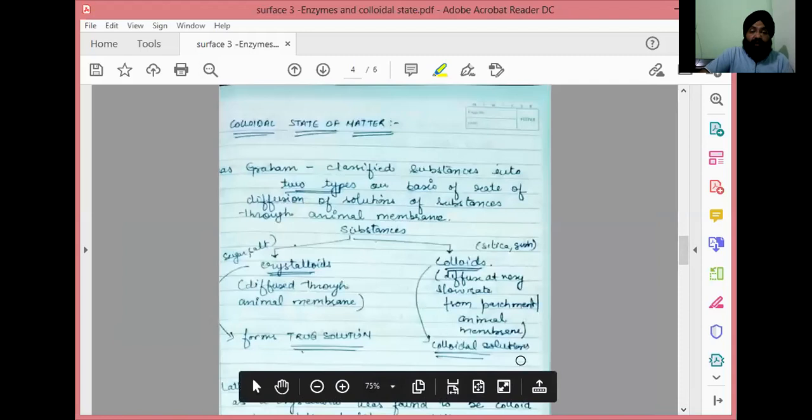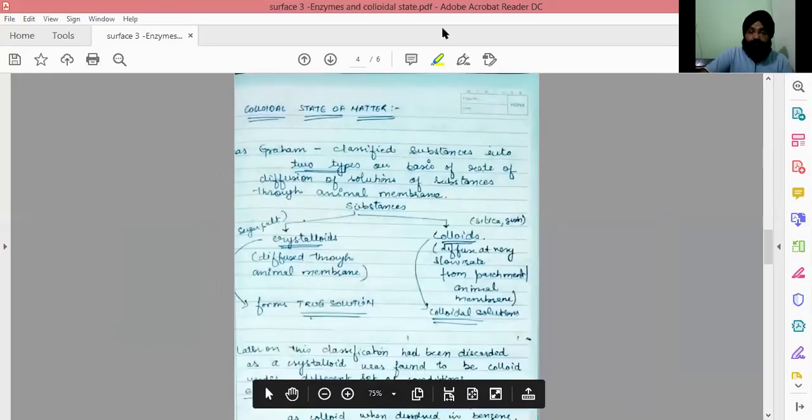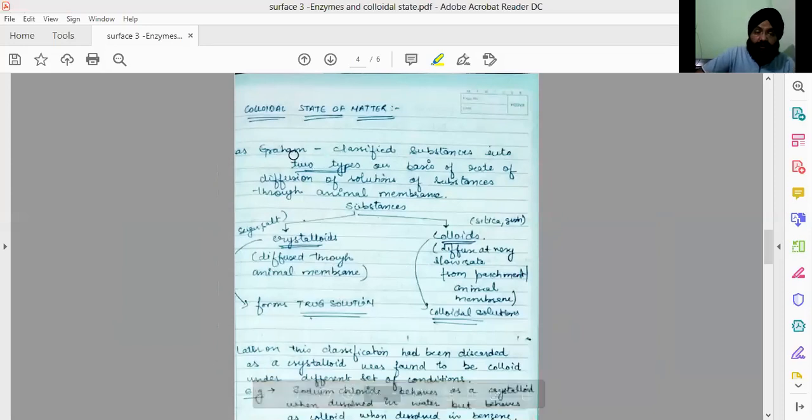Now the next is the colloidal state. So Thomas Graham was the person who first of all classified substances on the basis of the rate of diffusion of their solutions.